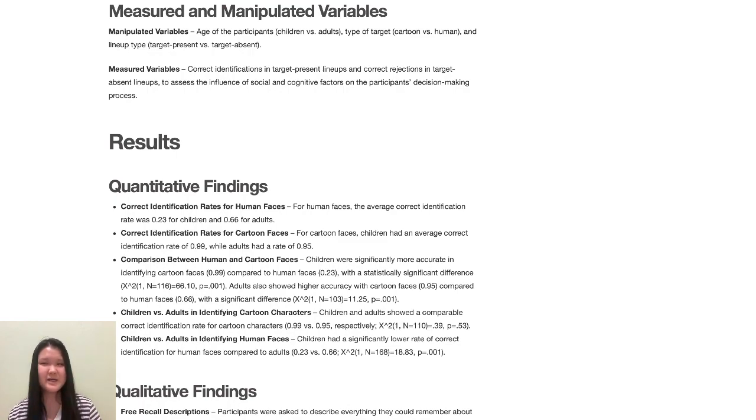I think manipulated is easier to understand, because what did you manipulate, right? So what was the manipulated variable? The lineup. So some of them had the target in the lineup and some of them didn't. Yeah, very good. What else?